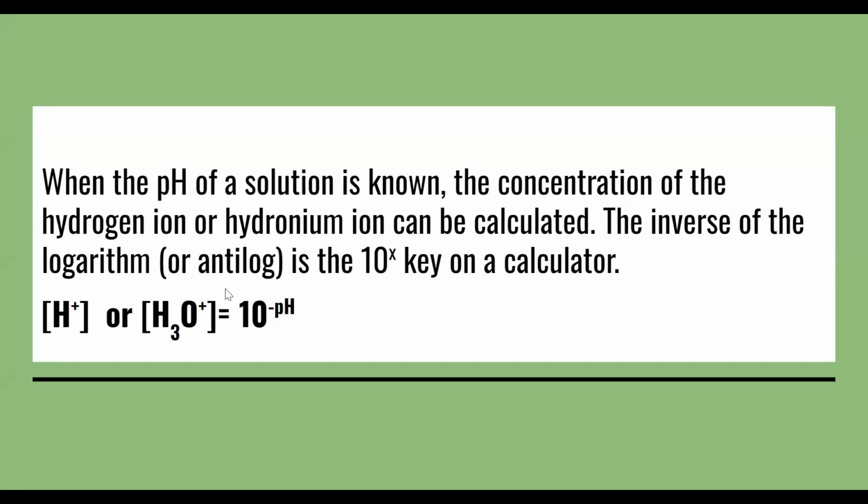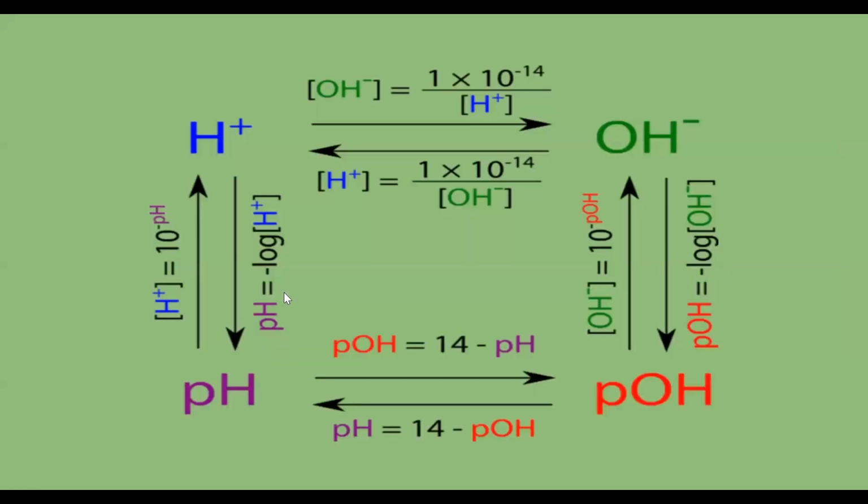So we can do that if we want hydronium ion concentration, the inverse of logarithm is also used. I recommend this for somebody who is struggling. This may help, but if you are not struggling, I don't think you need it. It depends on where you are. This is like a summary of everything.